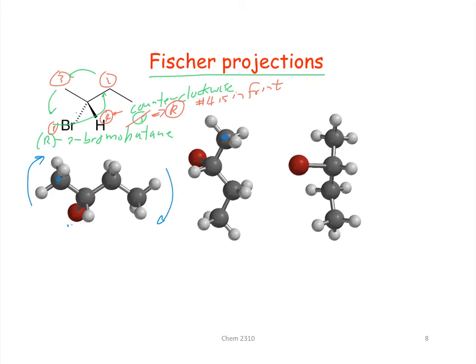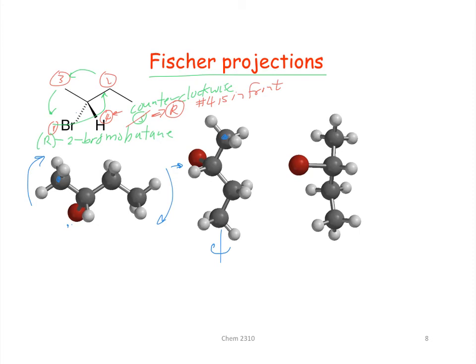Okay, so then we're going to take an axis like this, and I'm going to rotate this so we're looking straight between the bromine and the hydrogen. Okay, so here's the methyl group at the top. Here's the carbon. We're looking straight between the bromine and the hydrogen, and then the chain just goes on down. Okay, so when we draw this for a Fischer projection, we're looking at this direction.